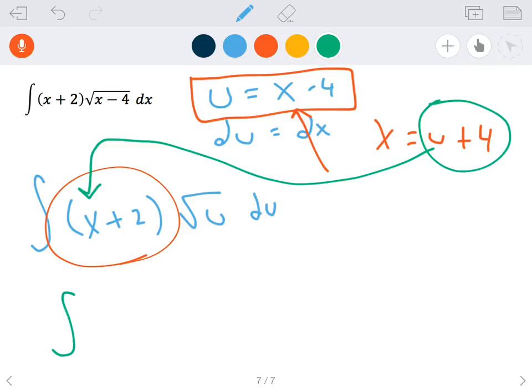So this is now the integral of x is u plus 4, plus that 2 still hanging on, times the square root of u, which I'm going to write as u to the 1/2, du. Simplify that a little bit, that's the integral of u plus 6 times u to the 1/2.